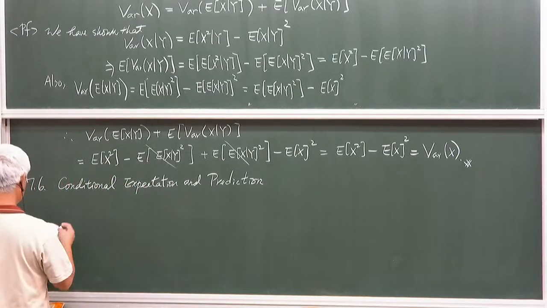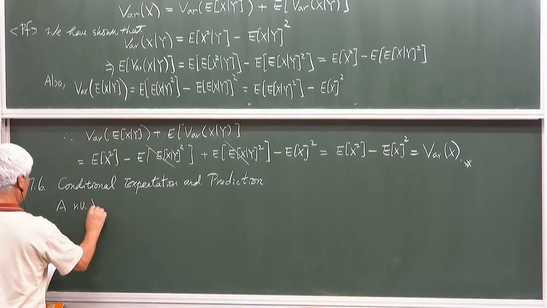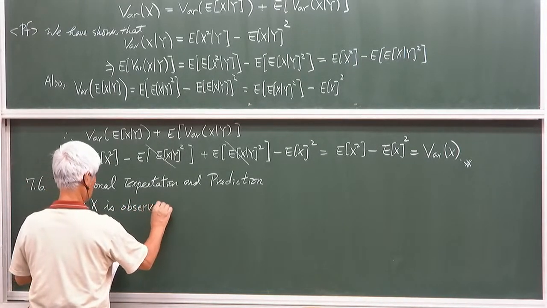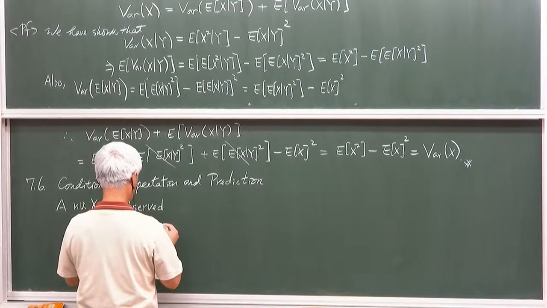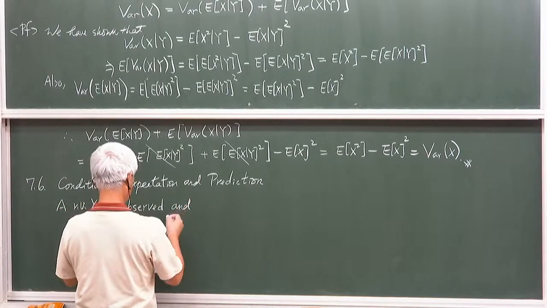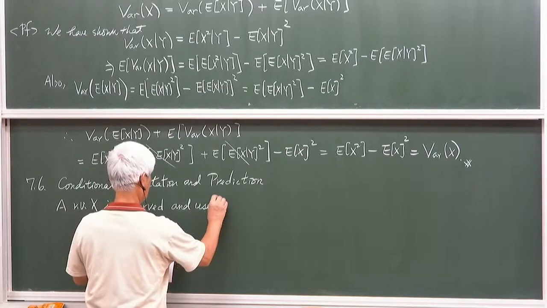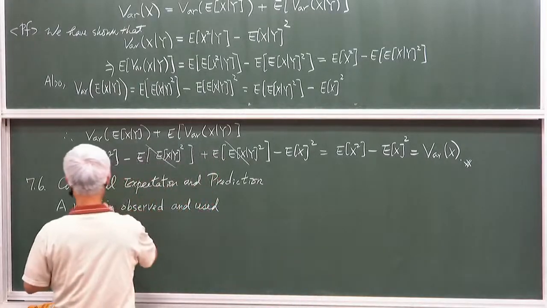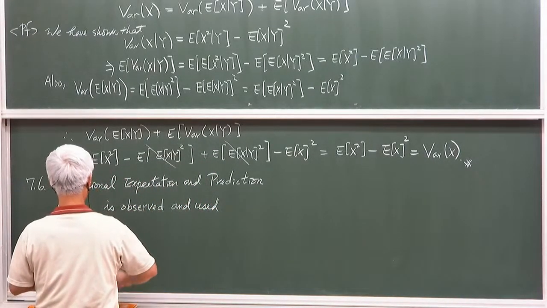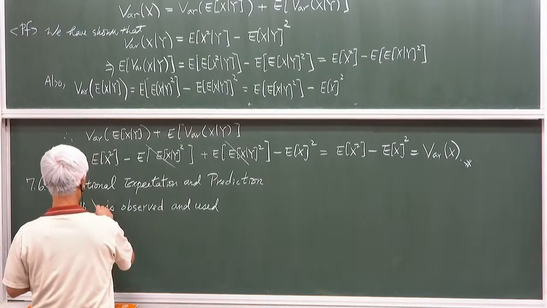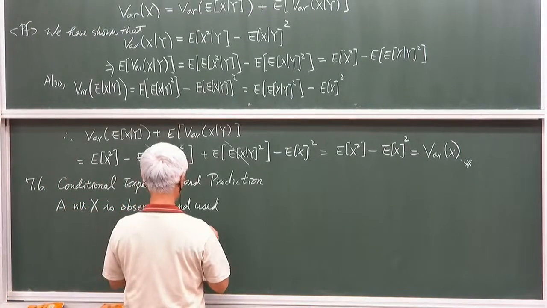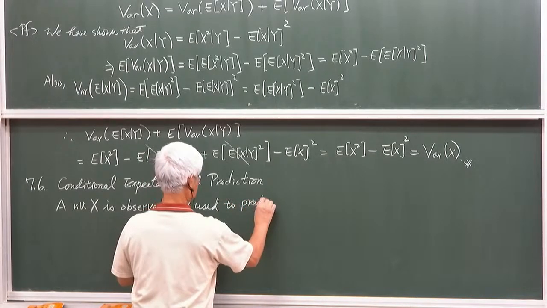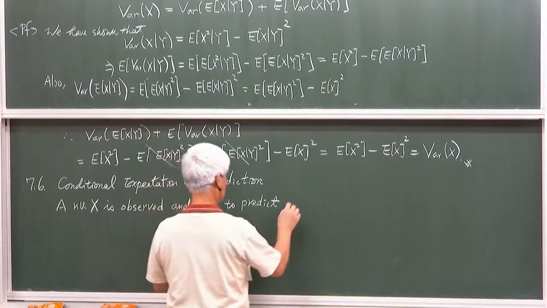Okay, so the scenario is here. A random variable is observed and used to predict another.